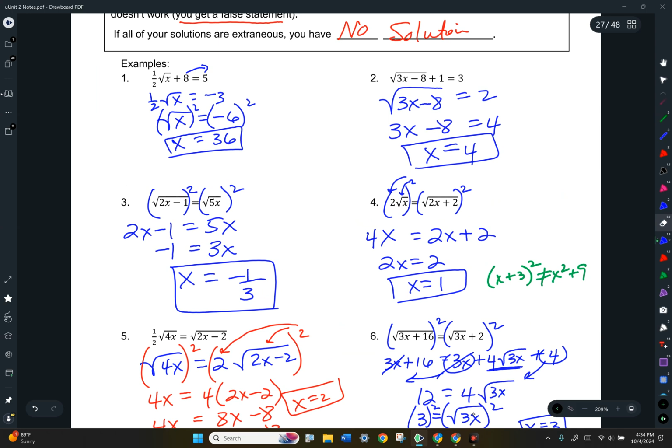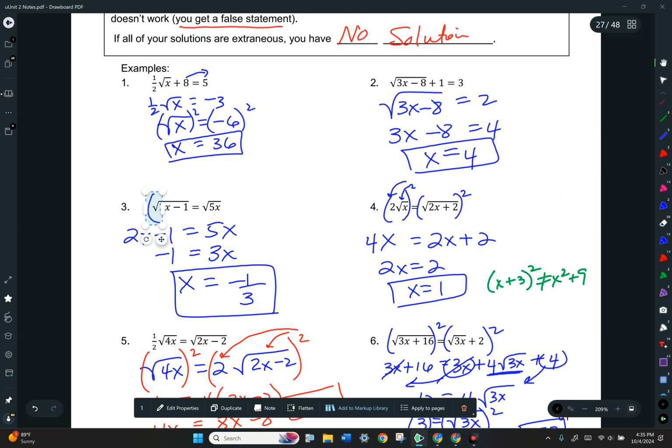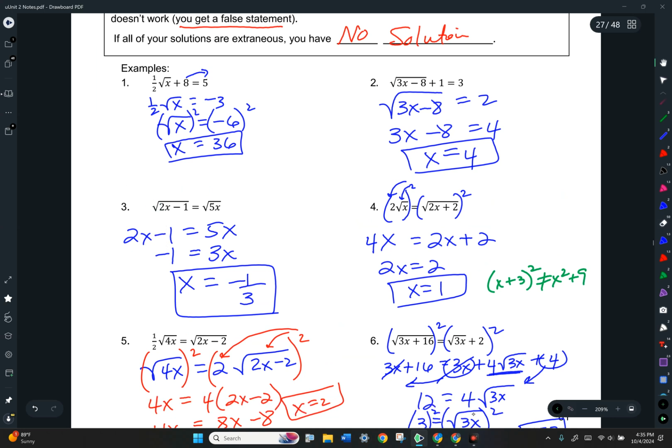Remember my original equation was this stuff before I squared both sides, right? And so when my answer was negative 1/3, technically what you should do is plug negative 1/3 in place of each of these x's and see if you end up with the same on the left as on the right. See if they really are equal. But here's something to save yourself on.